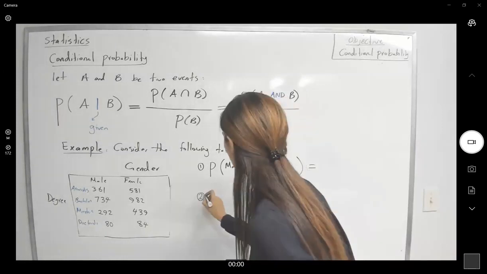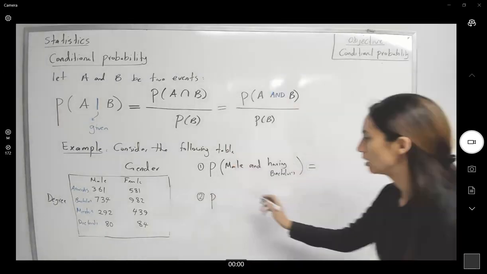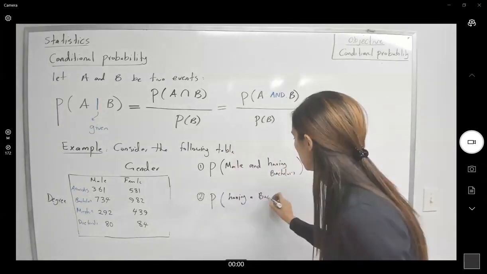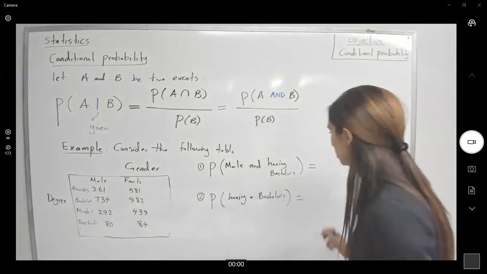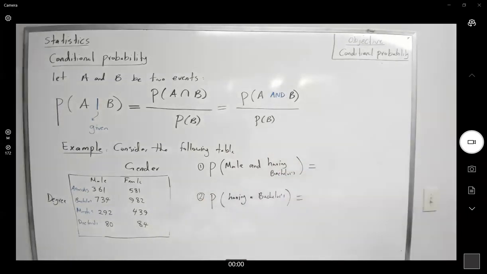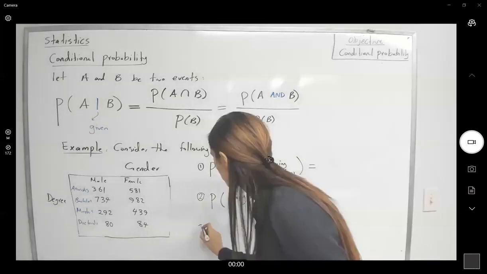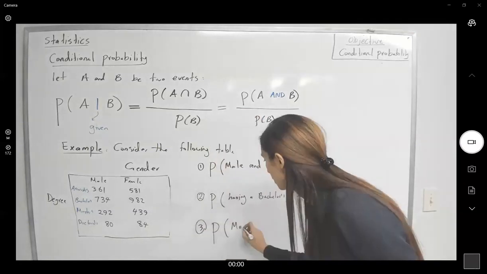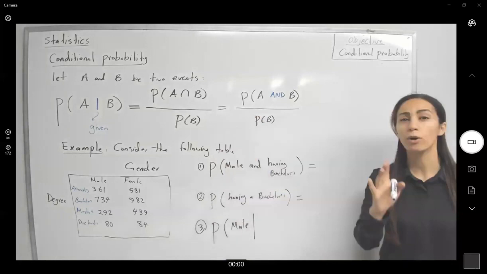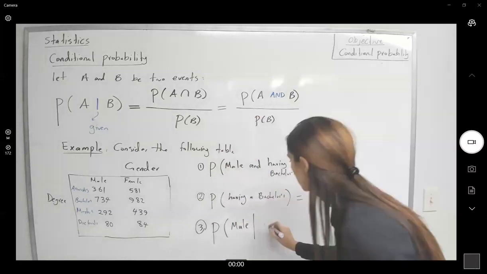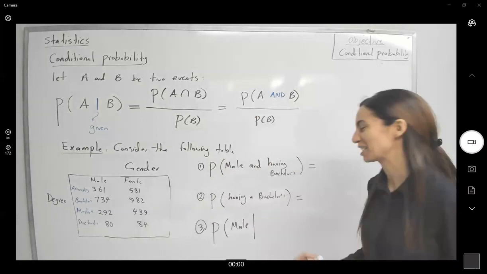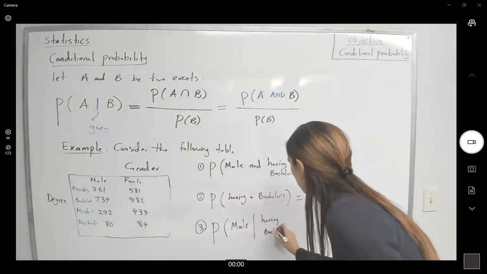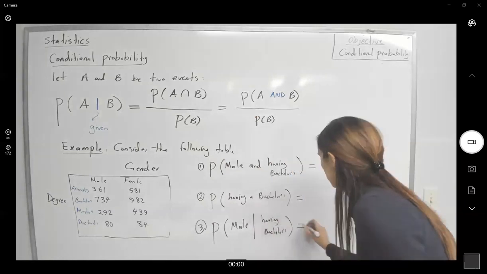Two, what is the probability of having a bachelor's degree? How do we calculate these two probabilities? And finally, here's a question. What is the probability of being male given that it's coming from the category of having a bachelor's degree? How do we calculate this?